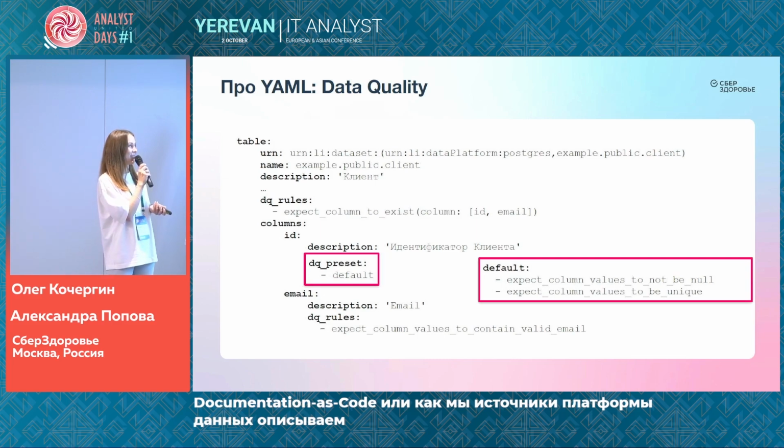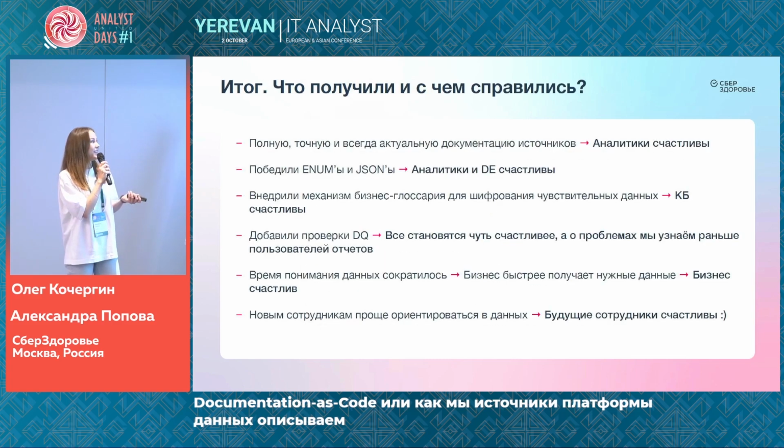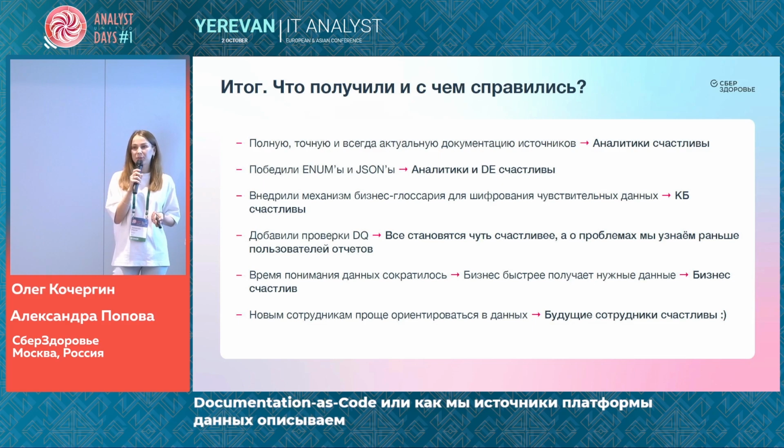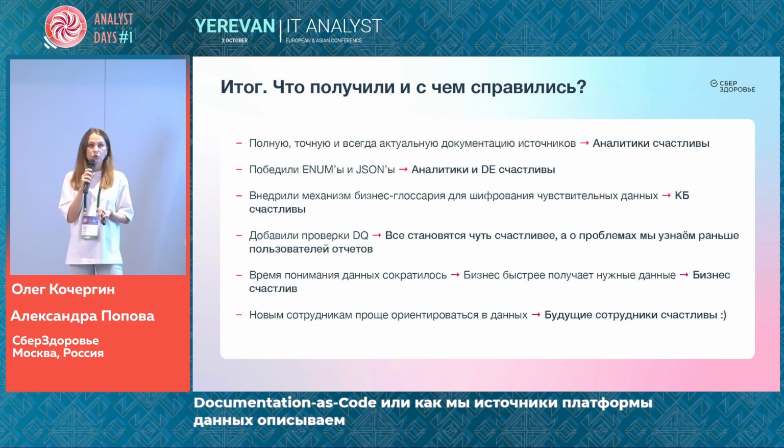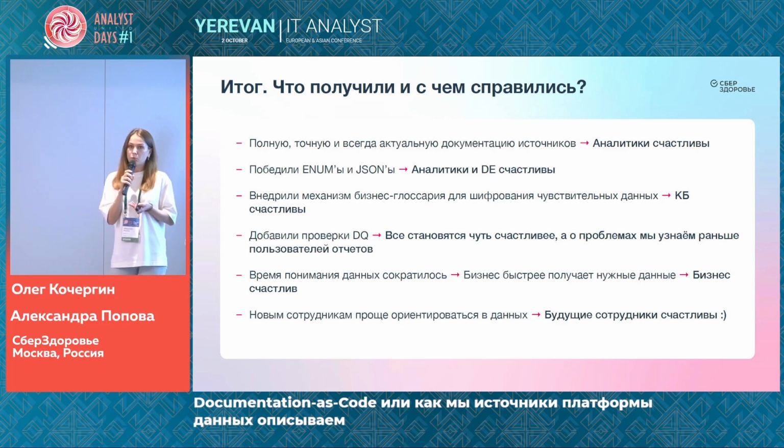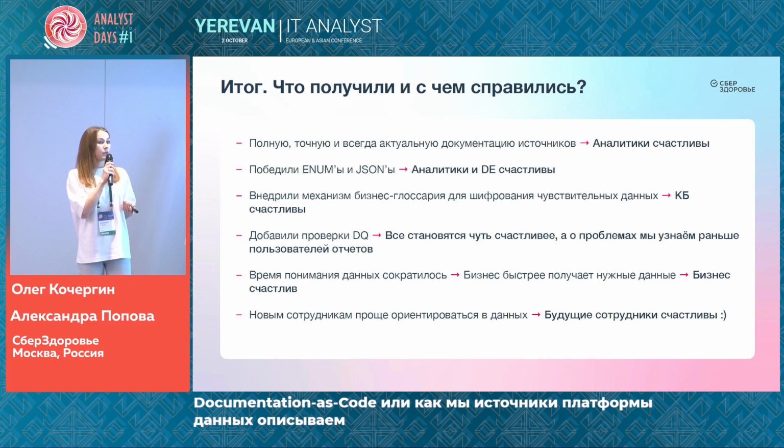We simply optimized it to have fewer lines. I guess that's all about our YAML file. At the end of the day, what we have is a common entry point for all data relating to the company.